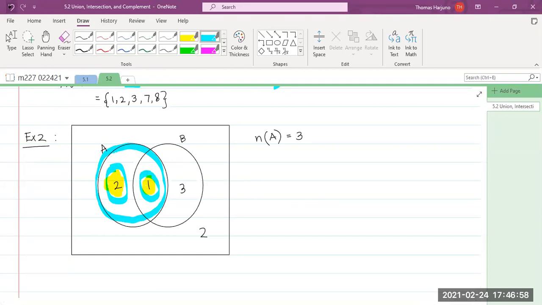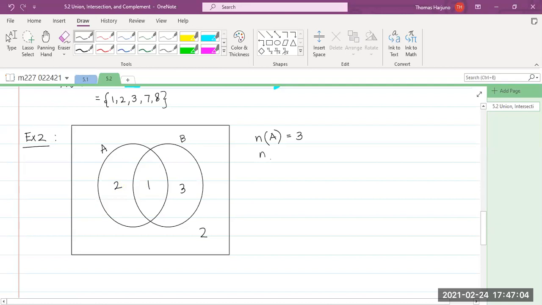Let's do more. How many elements in B? Four. That's 3 plus 1. Right? Maybe I use this one here. That's 2 plus 1. How about the number of elements in the intersection?